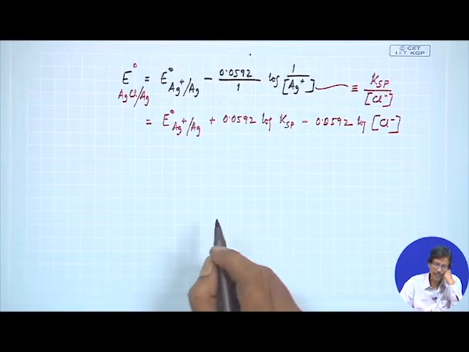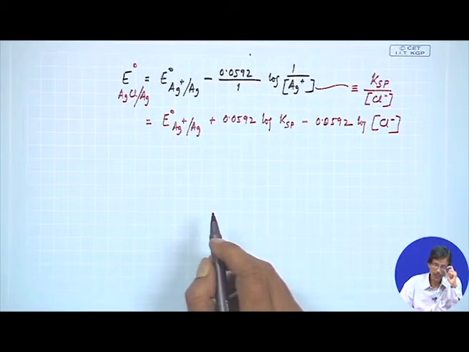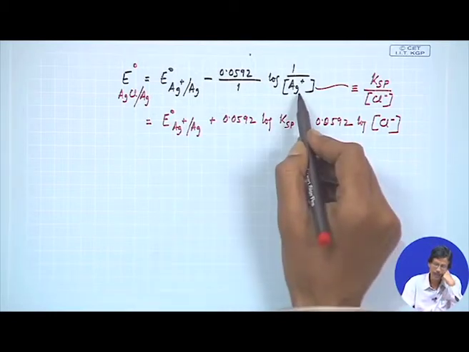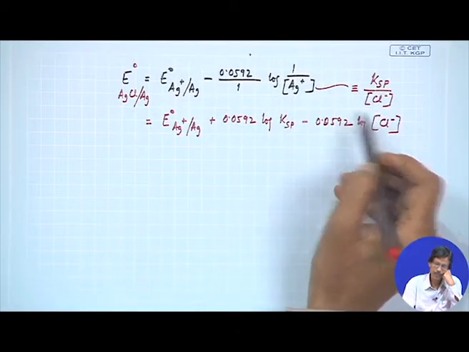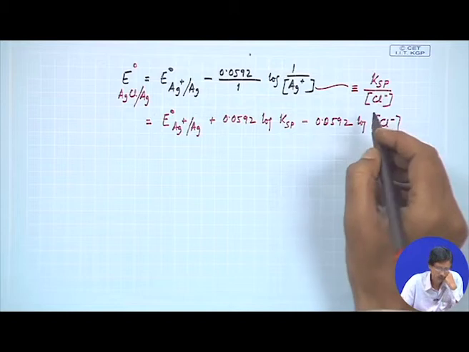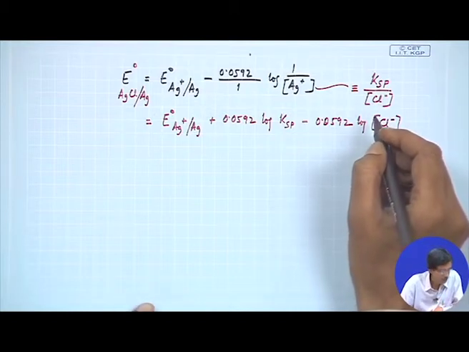So, that basically gives us the silver ion concentration equal to Ksp divided by this, and your sign is changing, that means the plus value of this.